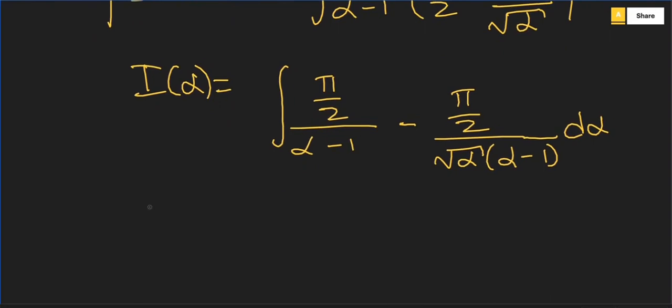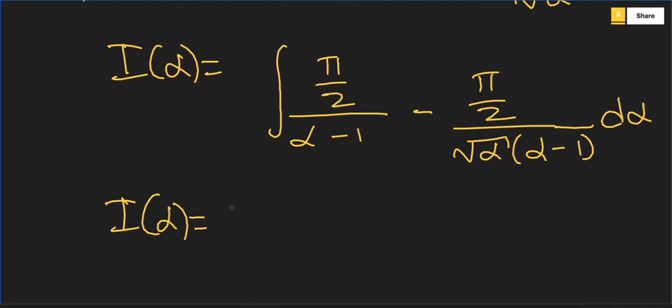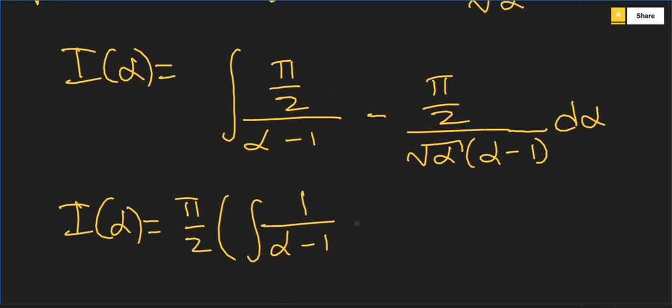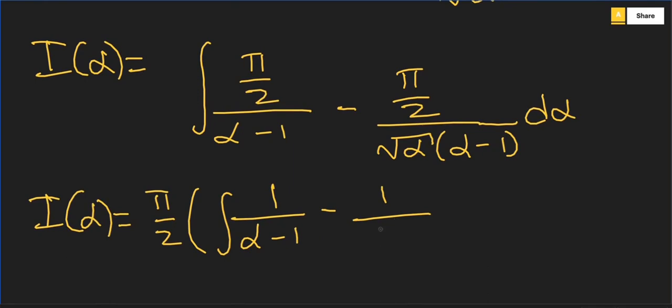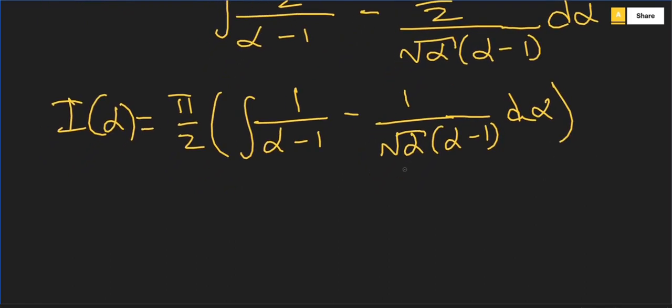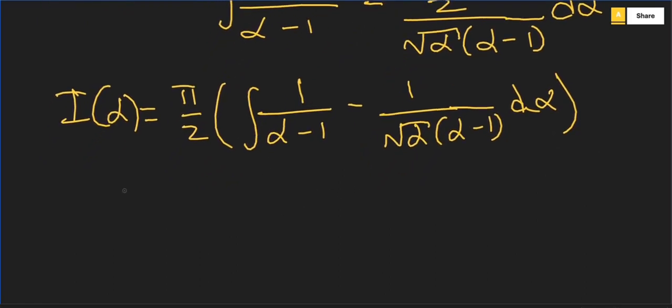So we can just factor the pi by 2 out. So we have I of alpha is equal to pi by 2 times the integral of 1 by alpha minus 1 minus 1 by root alpha, alpha minus 1. And again, these are two really common integrals, and for this you can make a t sub if you're unfamiliar with it, but this is again a really common integral.